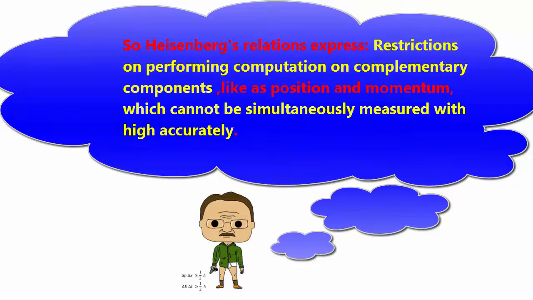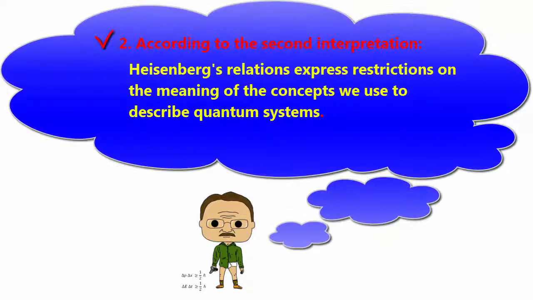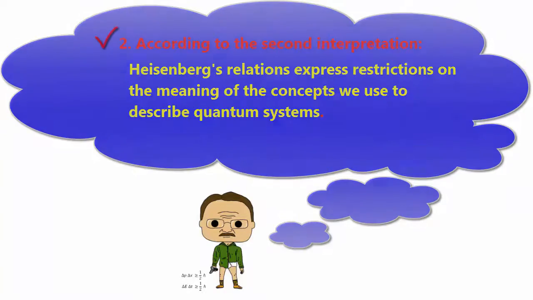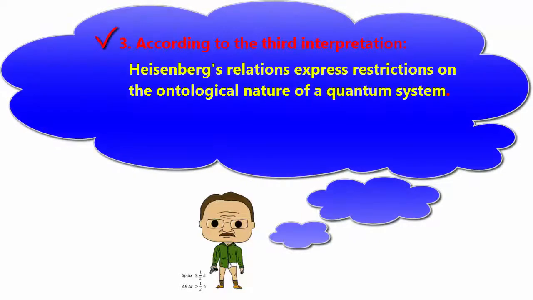measured accurately. 2. According to the second interpretation, Heisenberg's relations express restrictions on the meaning of the concepts we use to describe quantum systems. 3.